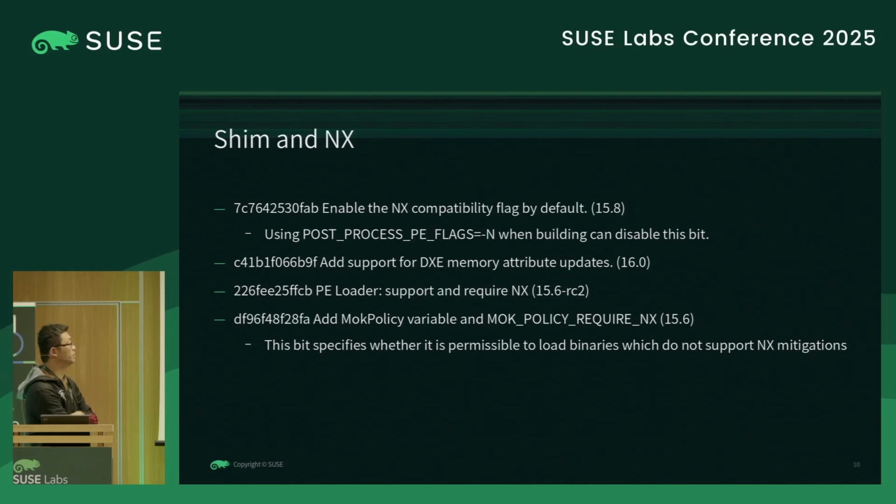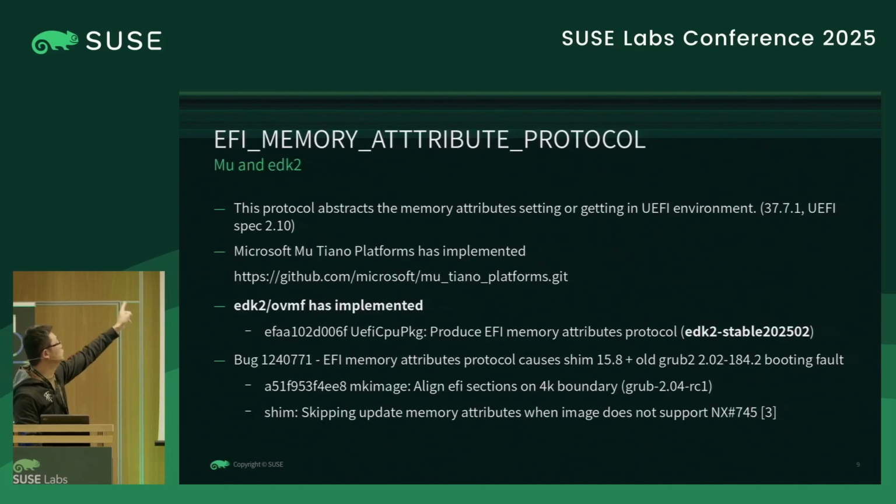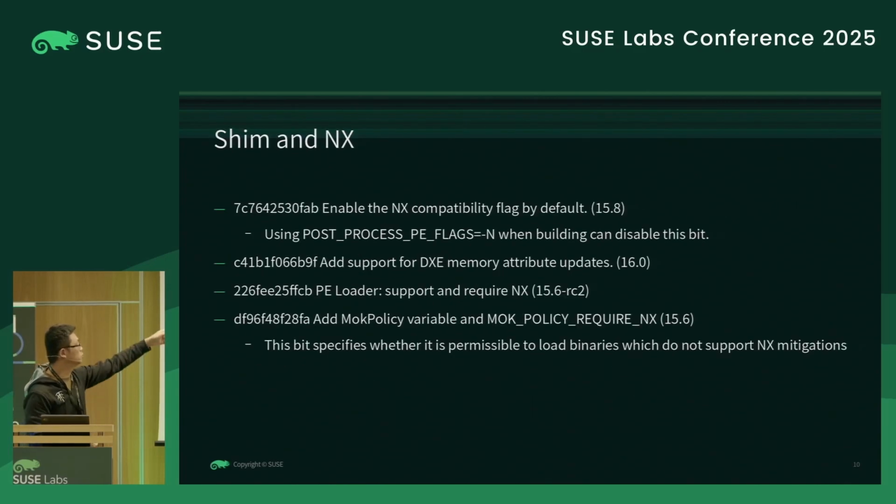So if the firmware does not support this new protocol, the official supported protocol, then we can try to find the DXE protocol and use it in the bootloader to set the attributes of the memory regions.